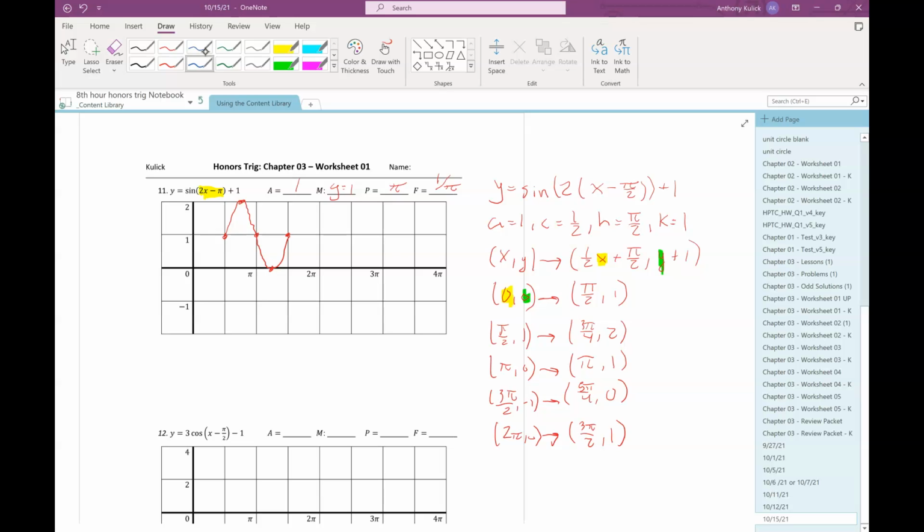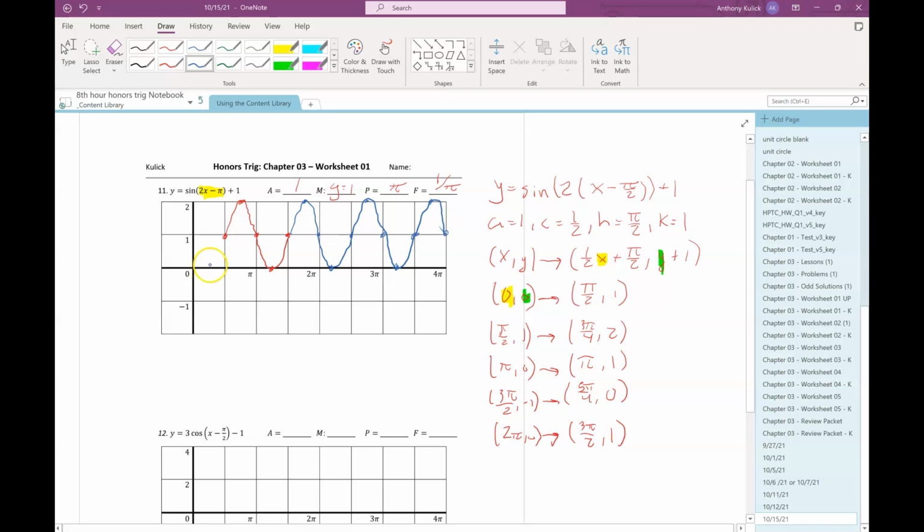And now I'm just going to extend my graph in both directions by following the same spacing with the same points. So I go, let's see, max, midline, min, midline, max, midline, min, midline, max, midline. I'm just following the same order as the points previously.